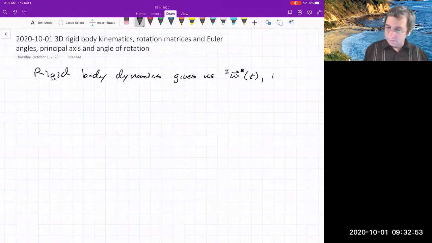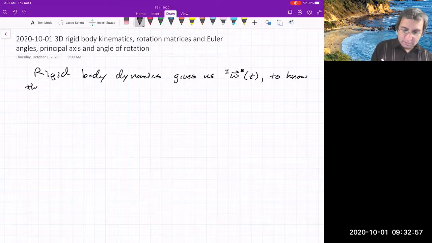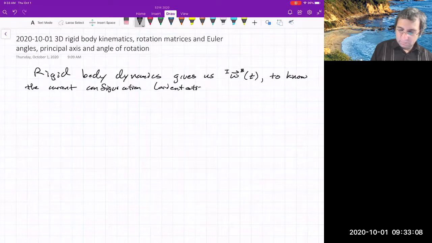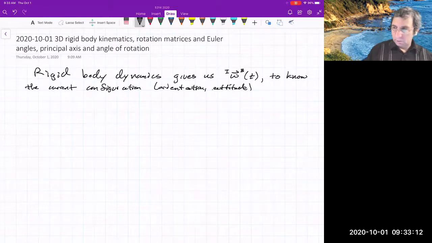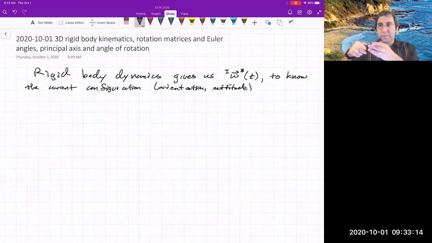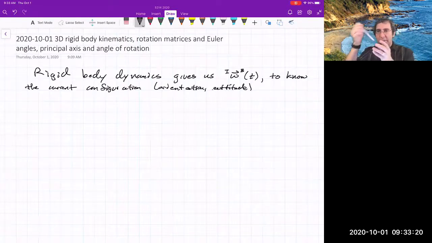But to know the current configuration of the body, and by configuration, I mean orientation or attitude. Right, I'll use my phone as an example. Here's my phone. If I get my phone spinning or something, there's some angular velocity vector and it'll be evolving.